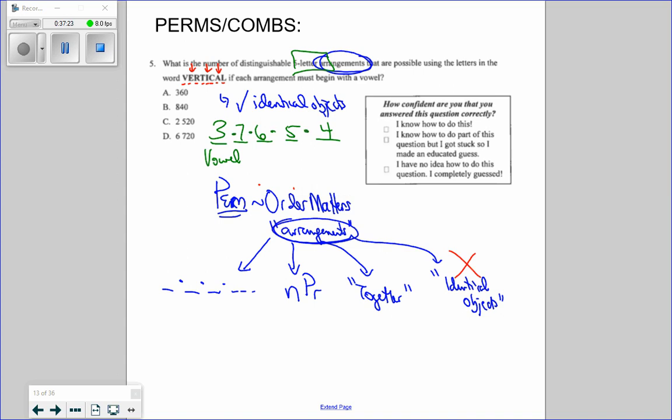So you can just punch this into your calculator exactly as it appears. Or if you want to, you could go 3 times 7 objects and you arranged 4 of them, because there's 4 blanks after the number 3. And I don't know which one it is. I'm going to guess either C or D.